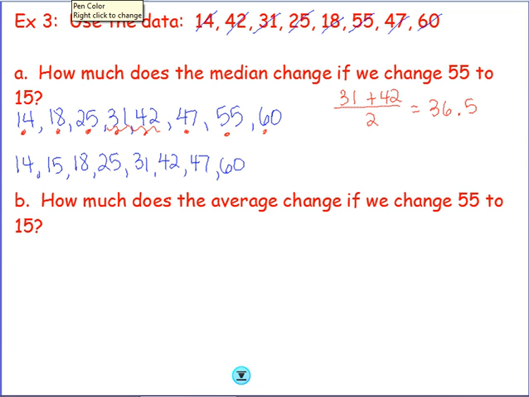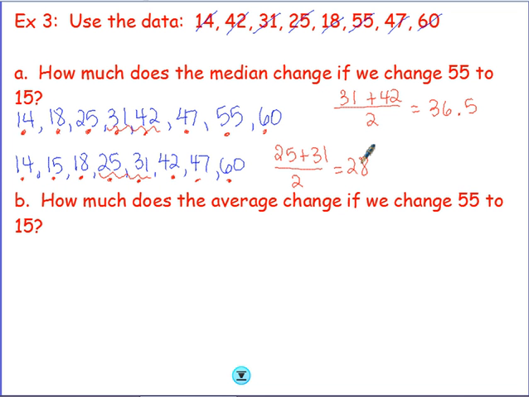So we do the exact same thing. 14 and 60, 15 and 47, 18 and 42, 25 and 31, there's your two middles. 25 plus 31, hit enter, divided by 2, gives you 28. So as you can see, the original median was 36.5, the new median is 28. Hopefully that should make sense to you.